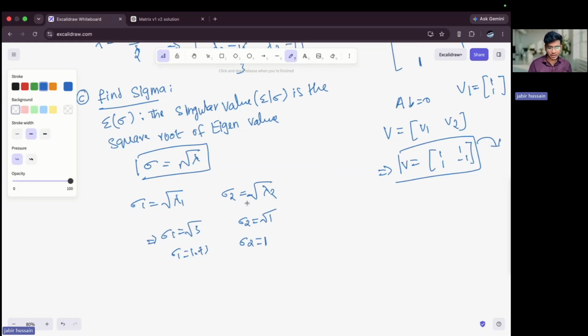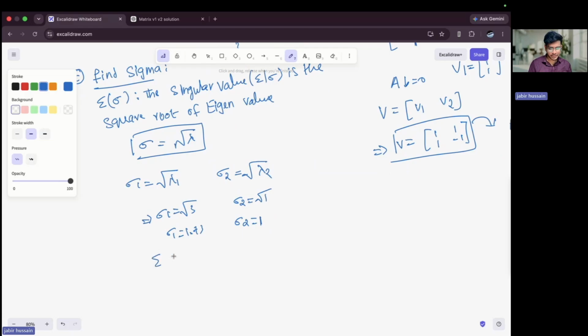And our bigger sigma, the capital sigma, is the matrix that we get from these values, like sigma 1 0 0 0 up to 0 0 sigma 2 up to sigma n, if there are n elements.